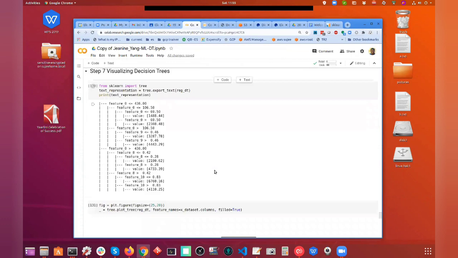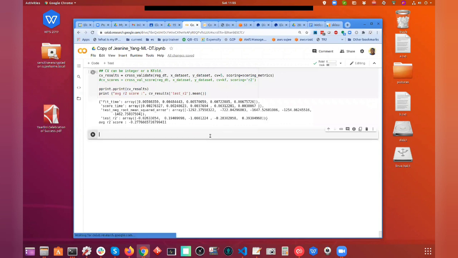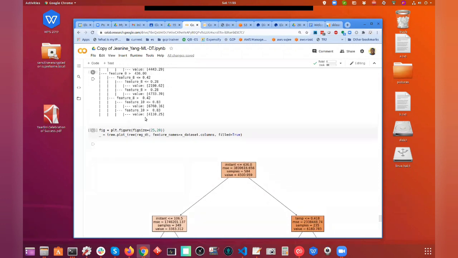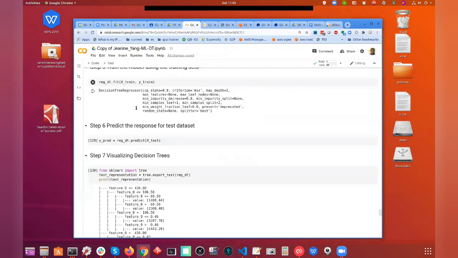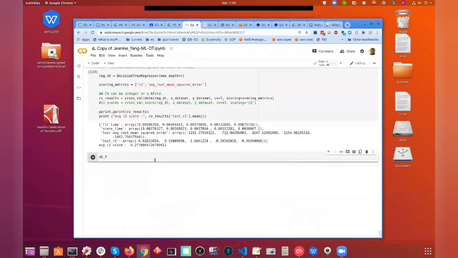Let me see if I can do it here. So it was a DT. Oh, sorry, my code conversion didn't work.